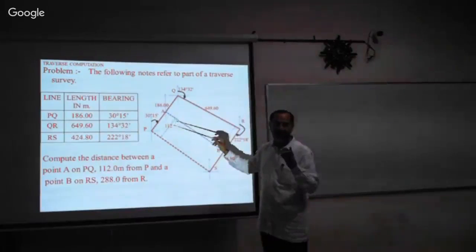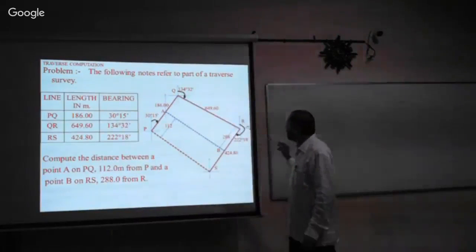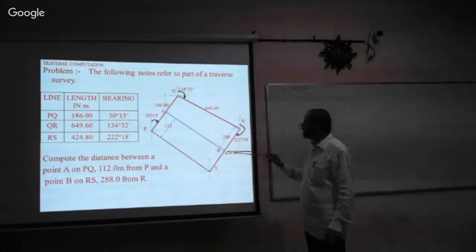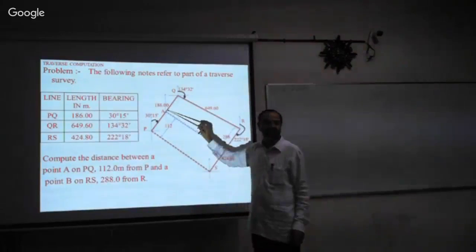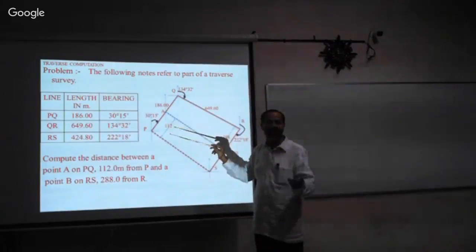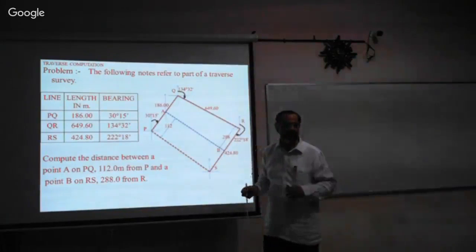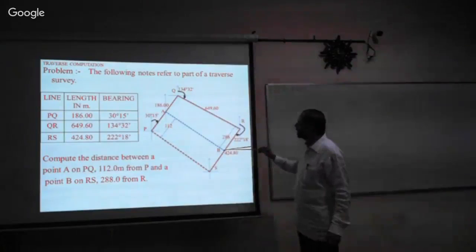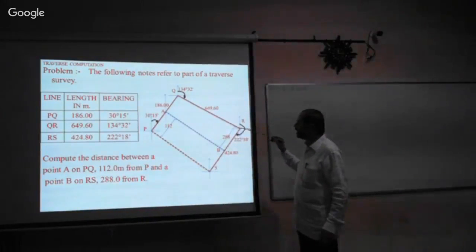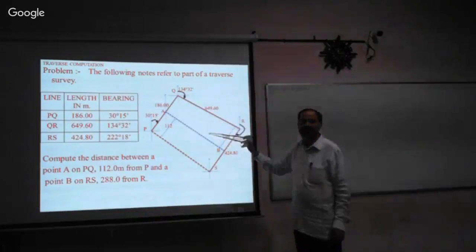Now the traverse is from AQ, then QR, then RB, then BA. Length of BA and AB, both are same or different? Both are same, no? So you can start from this point: BR, RQ, QA, and AB.